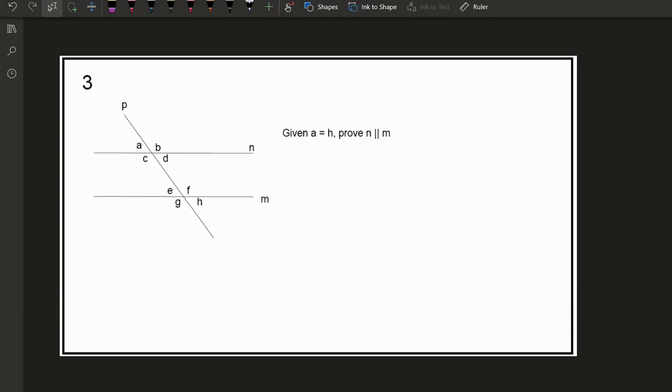Okay, now this is a smaller proof. We're going to do a couple of these that are just 1 or 2 steps. So A is equal to H, prove that N is parallel to M. Step 1, I'm just going to say A is equal to H, that is given. I want to mark that on my picture. Looking at A and H, they're exterior angles on opposite sides of the transversal, so those would be alternate exterior angles.